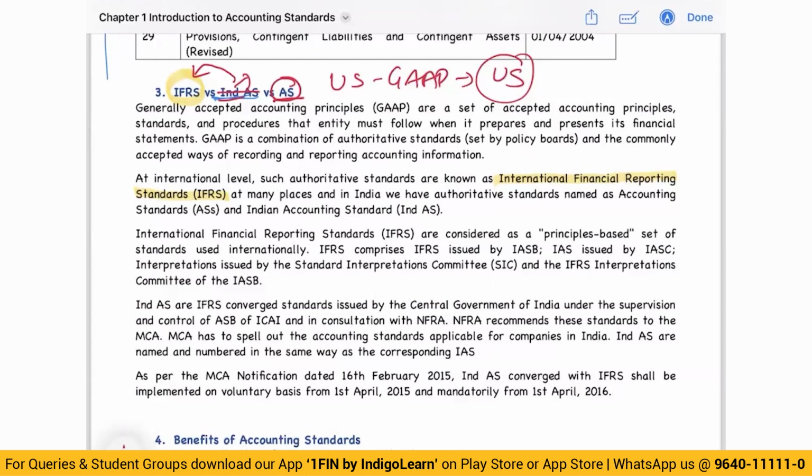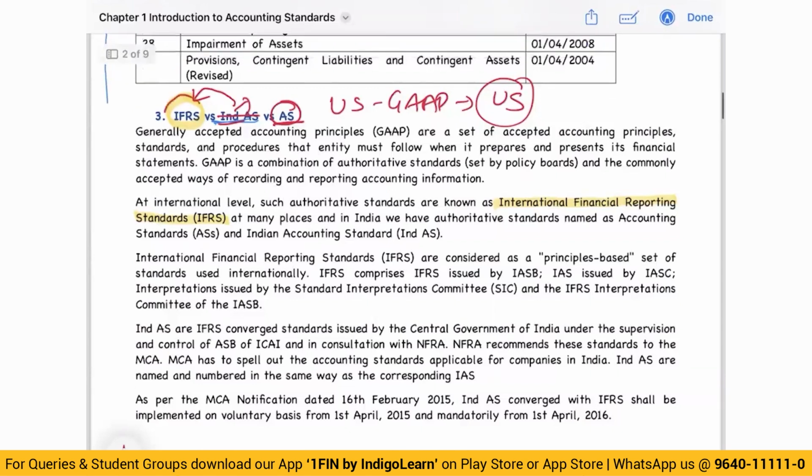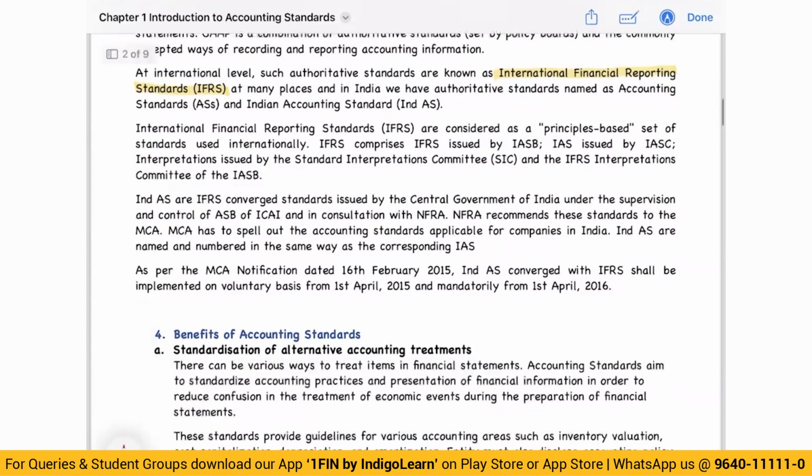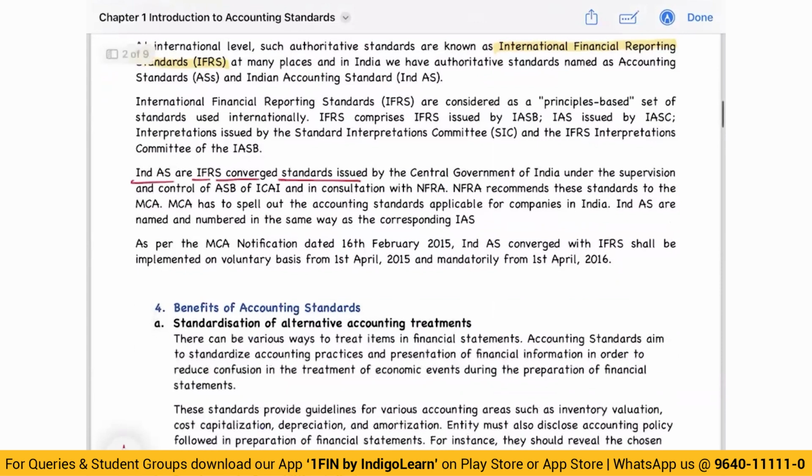But it is linked to IFRS. We say these are IFRS converged standards. So Ind AS are IFRS converged standards issued by the government under the supervision and control of the Accounting Standards Board of ICAI in consultation with NFRA. Finally, the National Financial Reporting Authority recommends that yes, Ind AS has to be applicable. We will see to which companies Ind AS are applicable.